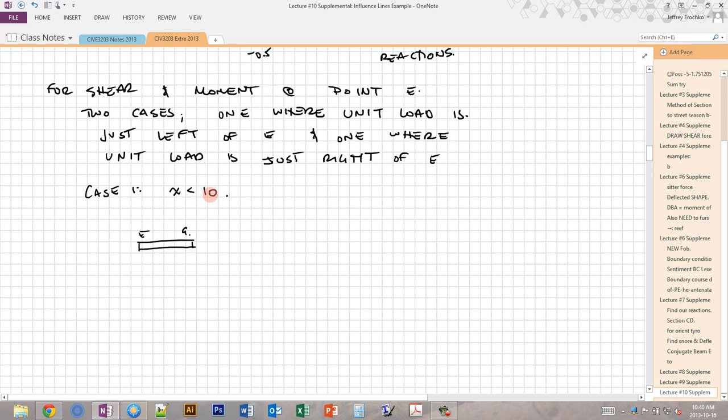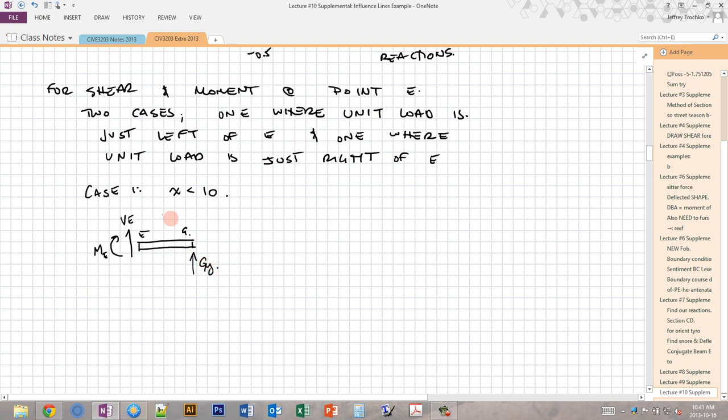So we have one where x, which is the location of the point load, is less than 10, which means that it's left of point E, which means that it's not included on a free body diagram of EG. So we just have VE here and ME. These are our shear and moment at the cut, and then the only other load we have is GY.